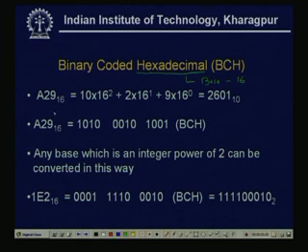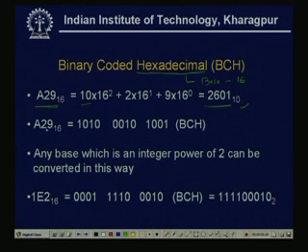This is my hexadecimal number A29. So, A means 10. If I want to convert that into decimal, 10 into 16 squared, because A's position is 2, plus 2 into 16 to the power 1 plus 9 into 16 to the power 0, which becomes 2601 in the decimal number system.